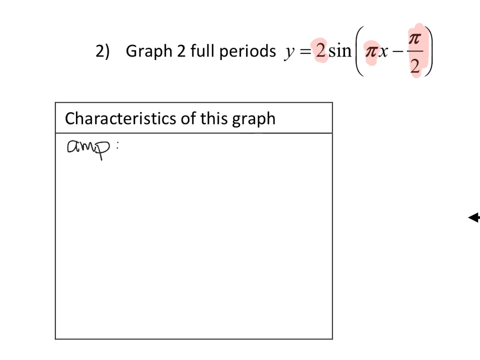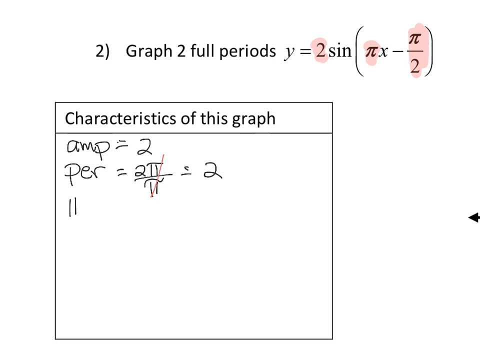Amplitude is 2. Period is 2 pi divided by b, which in this case is pi. Those cross out, and I am left with a period of 2.